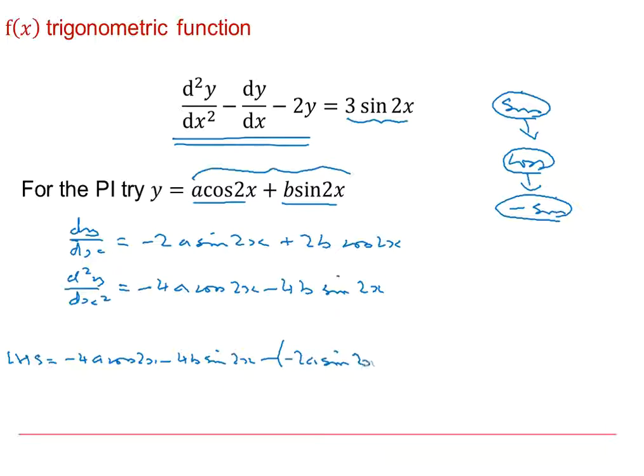Good idea to use brackets here to keep things neat and organised. And then minus 2 y's. That's a b sine 2x at the end there.